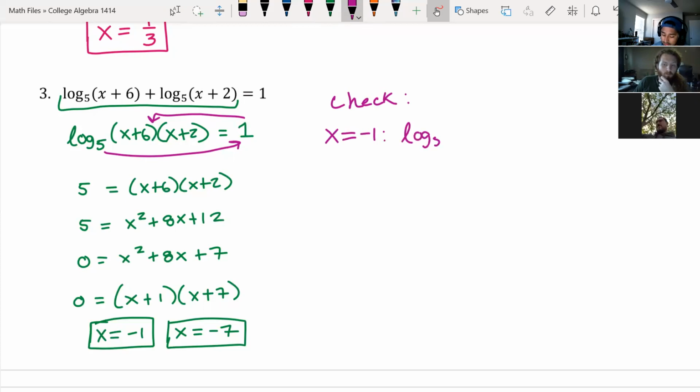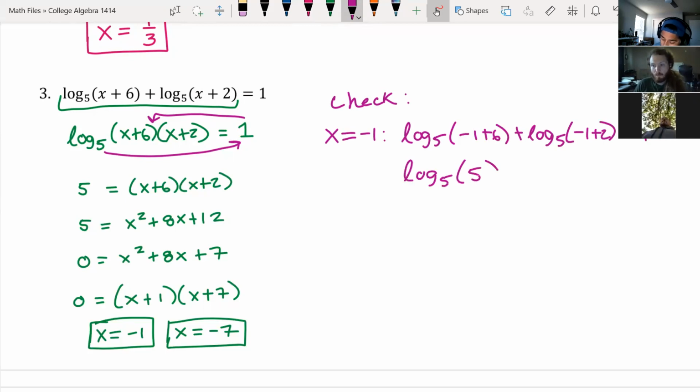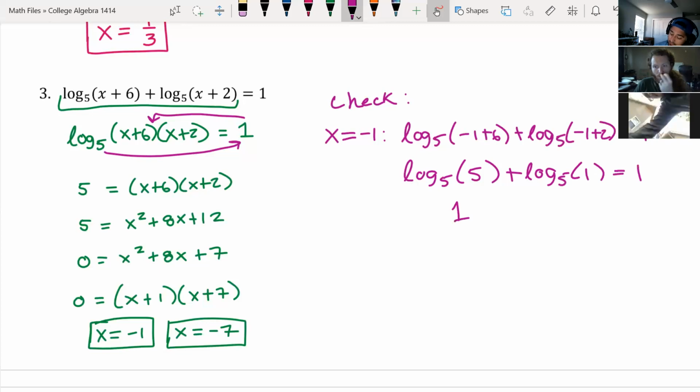You'll get log base 5 of (-1 plus 6) plus log base 5 of (-1 plus 2) equal to 1. Here we get log base 5 of 5 plus log base 5 of 1 equal to 1. And this is going to check out because log base 5 of 5 is 1. Log base 5 of 1 is 0. And 1 plus 0 equals 1. So x equals -1 checks out.